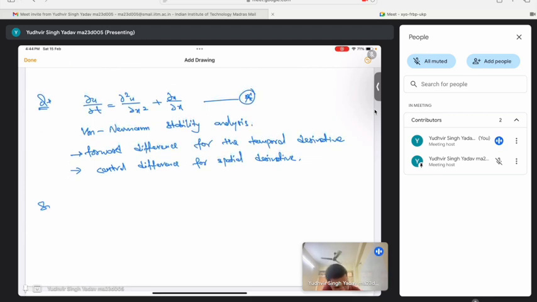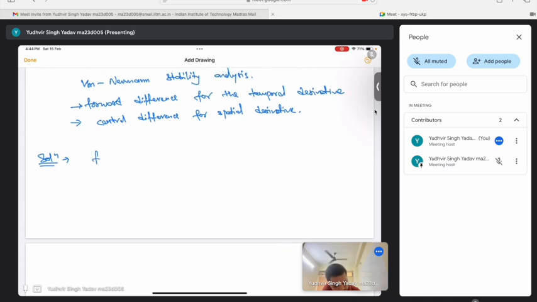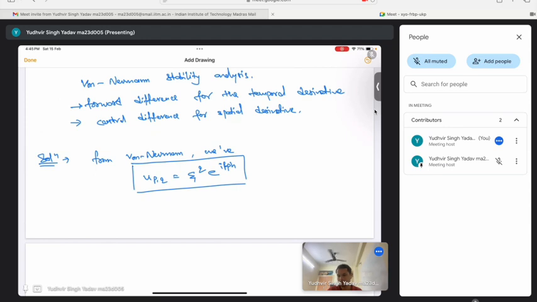So for that purpose, from von Neumann stability analysis the solution will be of the form u p comma q equals xi to the power q multiplied by e to the power i beta ph. This is the form of the solution that we will substitute in this given problem.